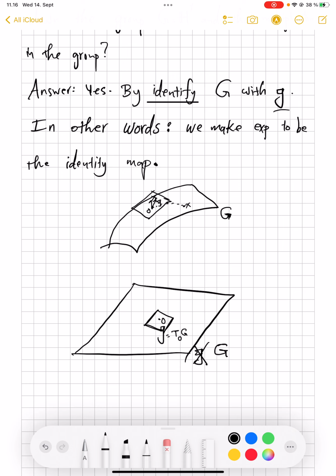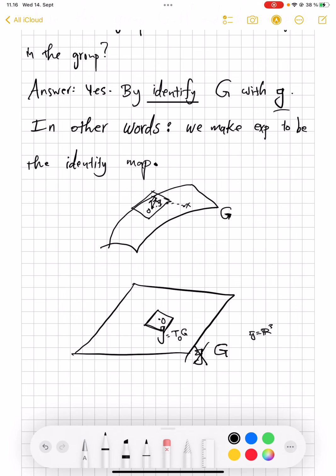Although both of them are the same object, which is a copy of R3 in our case. So it's like you have one Euclidean space, and then just at the origin you have a tinier copy of it, just to help us visualize. Otherwise, they are both the same size. There's no tinier R3.